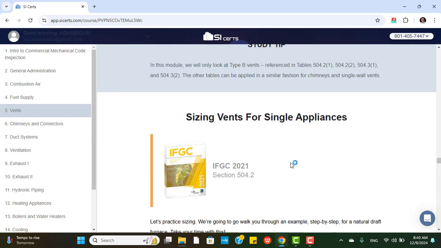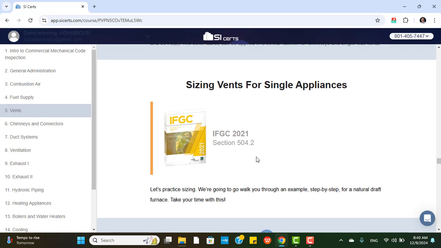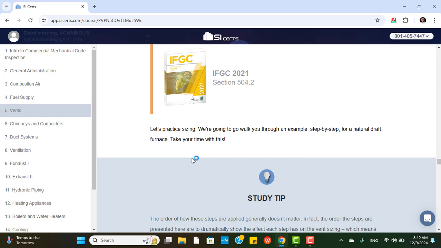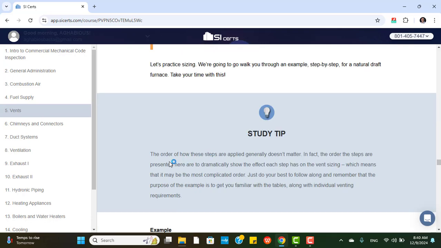Sizing vent for single appliances is International Fuel Gas Code 2021, section 504.2. Let's practice sizing. We are going to walk you through an example step by step for a natural draft furnace. Take your time with this. Study tip: the order in which these steps are applied generally doesn't matter.